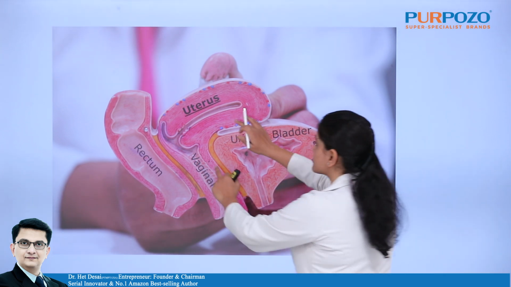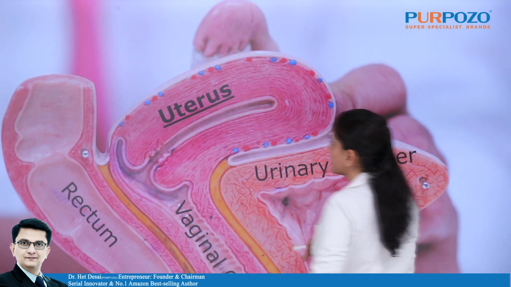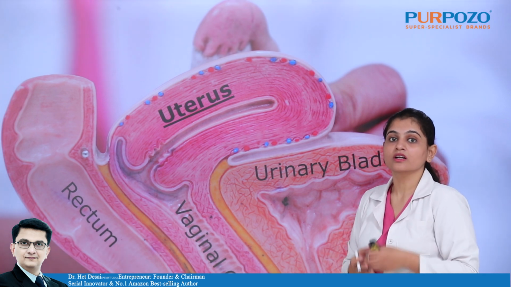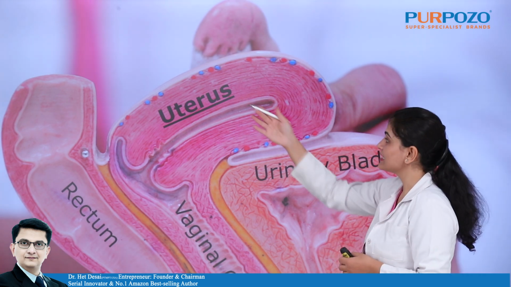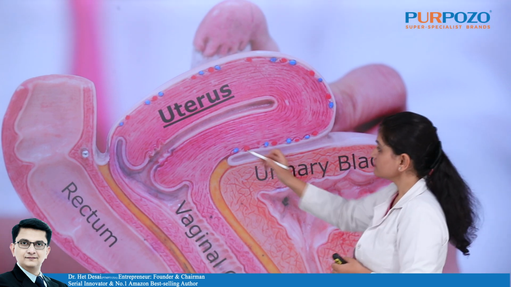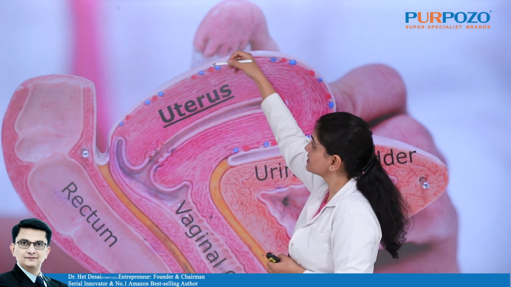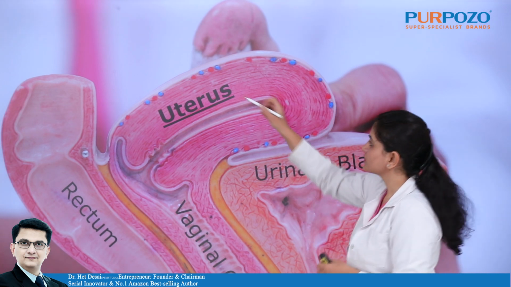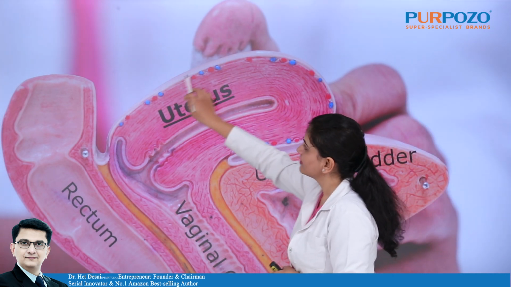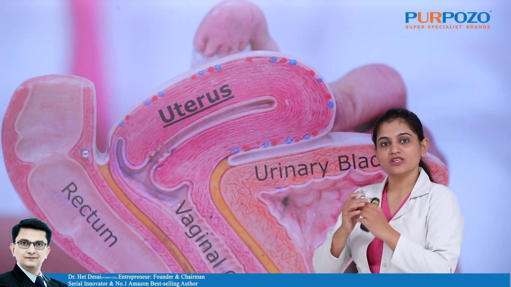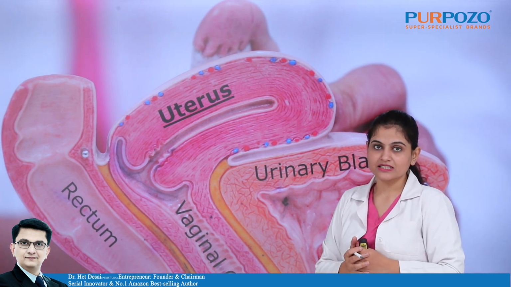The uterus, the womb, is the primary area for pregnancy, because in the uterus the baby grows, and the uterus has different layers. The outer layer we medically term the perimetrium, which is just the outer layer of the uterus.